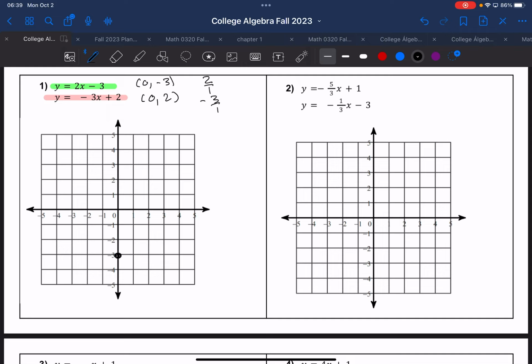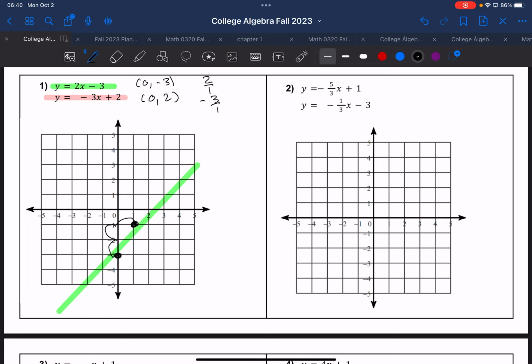And my slope, 2 over 1, is telling me to go up 2. Which way 1? To the left or to the right? The right, because it's positive, right? So positive to the right, so right here. Okay, so that looks like my first line is right here.